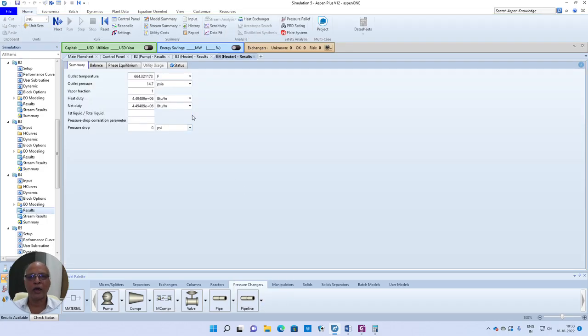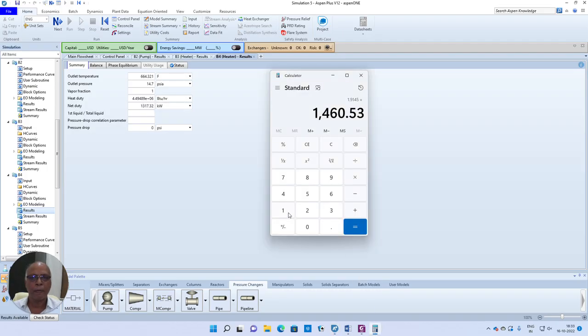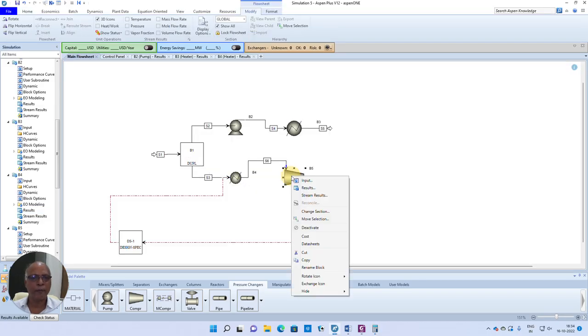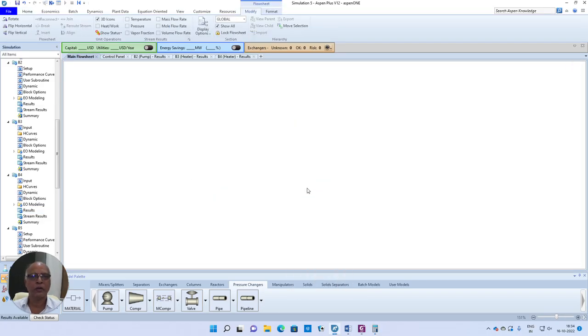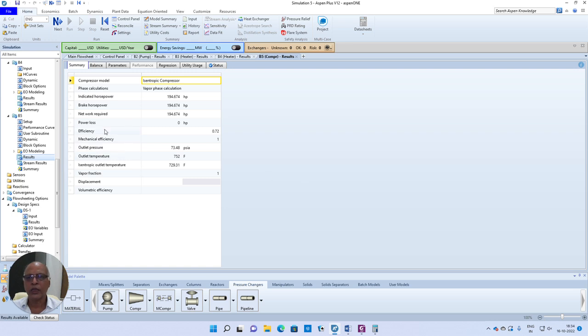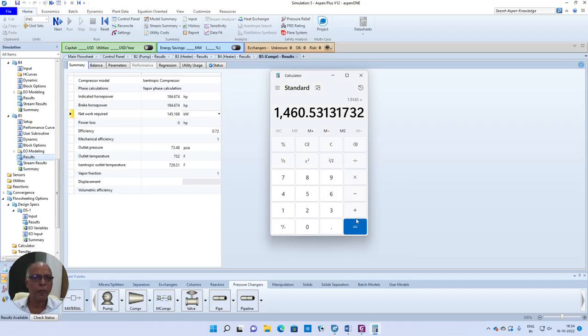So in the case of the second option, again in kilowatts, the amount of heat required is about 1317.32. Similarly, in the case of a compressor, you can see the network required, again in kilowatts, is about 145.168.